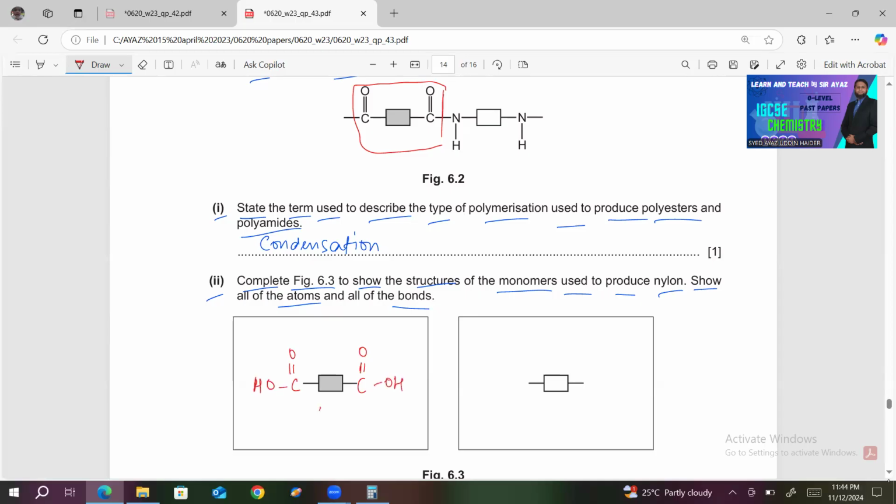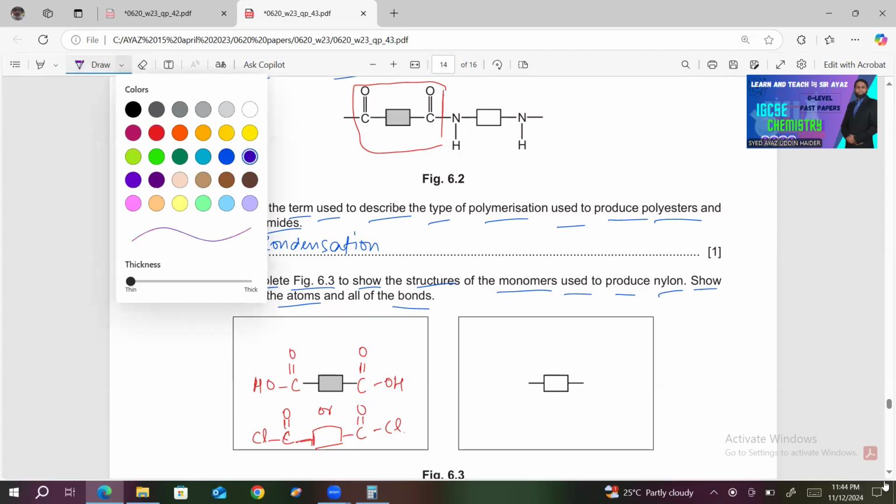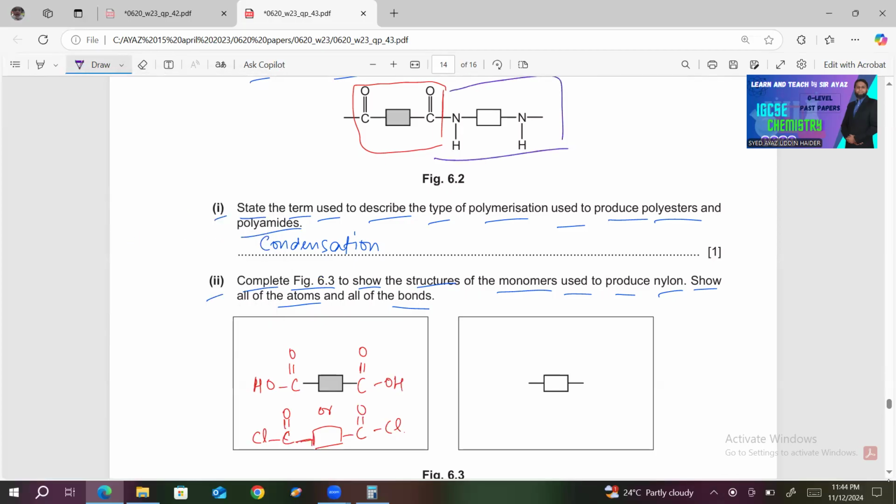The other option, this can also be the right option for this one. Acyl chloride. This can also be the correct option. What about second part? Must have 2 hydrogen attached with nitrogen. This must be the final structures of the monomers.